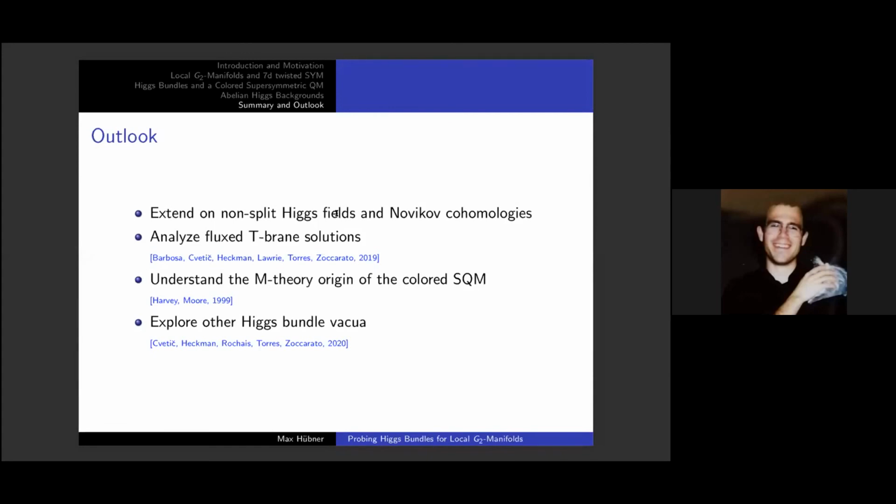I don't think so. The way that the quantum mechanics works is, as part of its defining data, you give it such a Higgs bundle, and that Higgs bundle will have a Higgs field, and that Higgs field will have zeros. Those zeros are the codimension 7 singularities if they're isolated. So all of this geometric data goes into setting up the quantum mechanics, and then the quantum mechanics is used to study the four-dimensional physics.